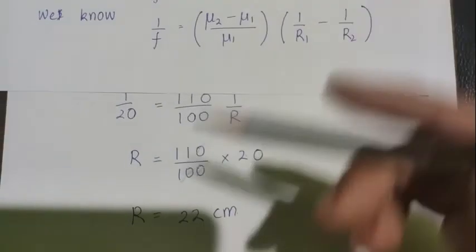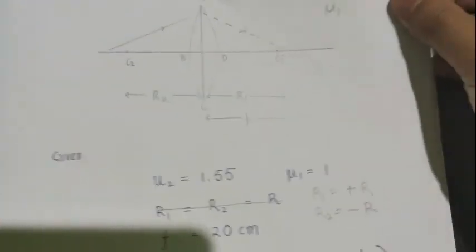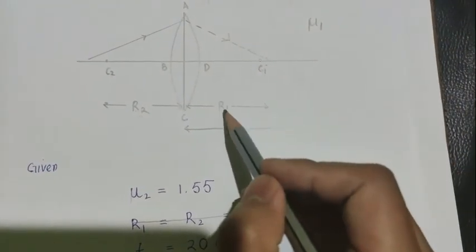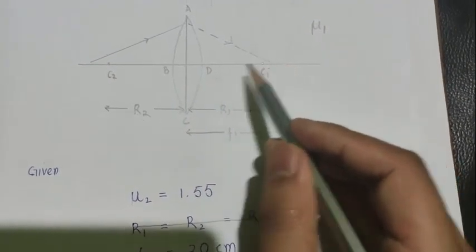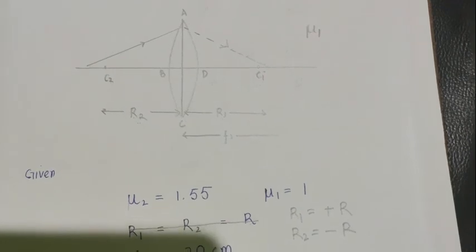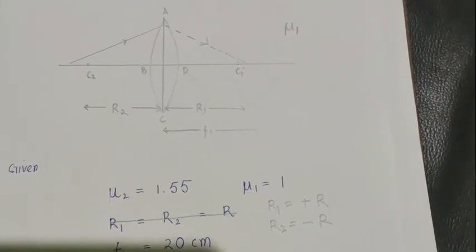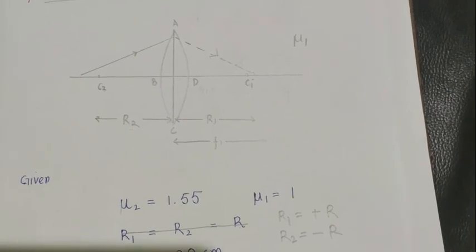It is possible only when my radius of curvature is how much? 22 centimeter. That means this radius of curvature, this distance, should be 22 centimeter. If there is any confusion, you can ask me in the comment section. Is it clear?